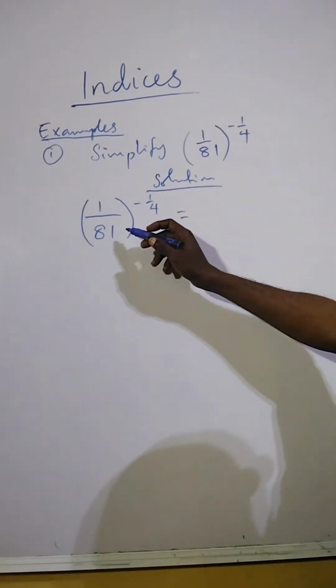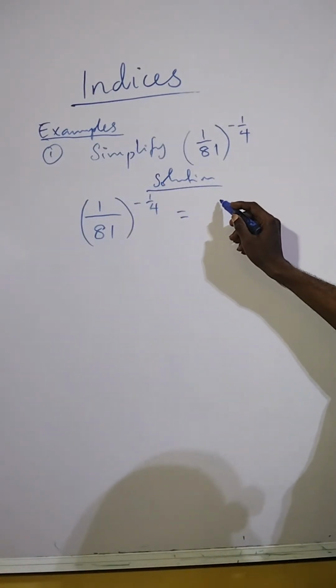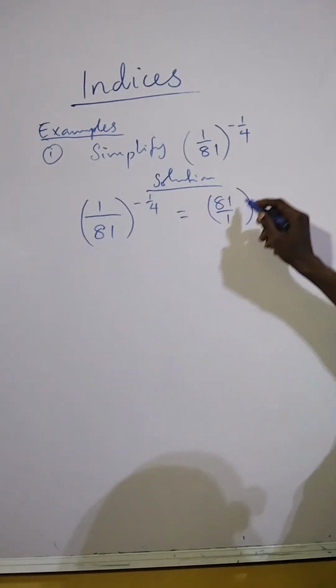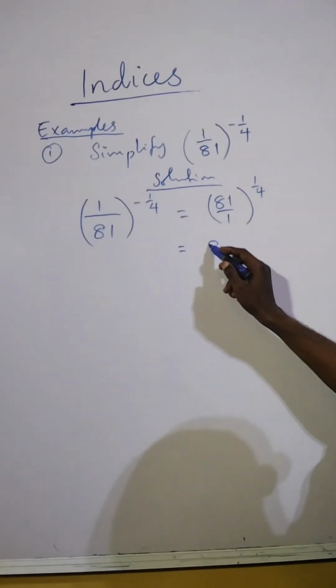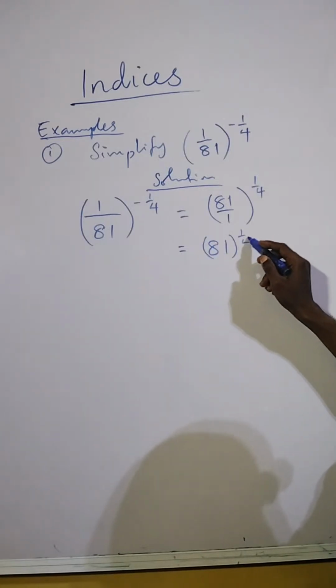Reciprocal means we interchange this fraction. So we can say this is 81 over 1 raised to power 1 over 4 now. I know, of course, 81 over 1 is still 81, which is raised to power 1 over 4.